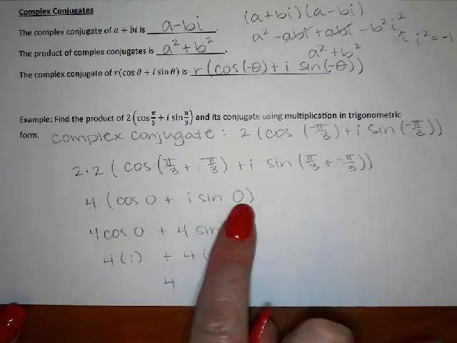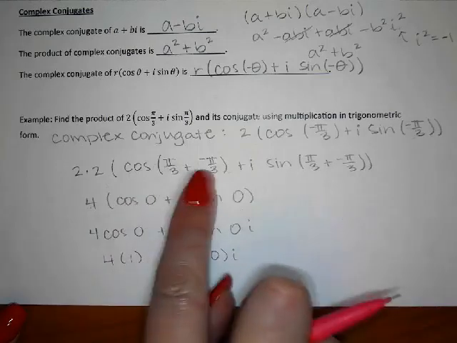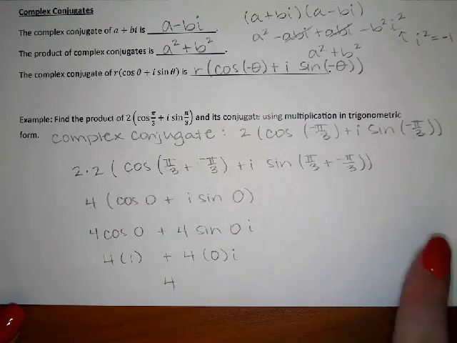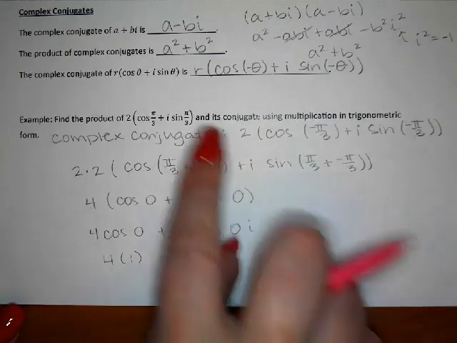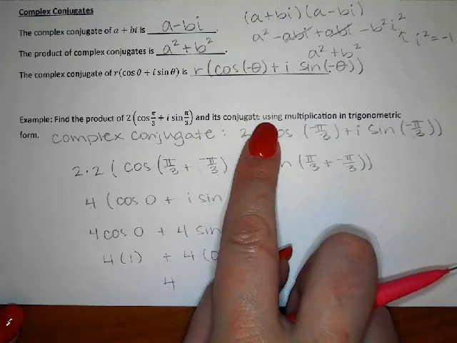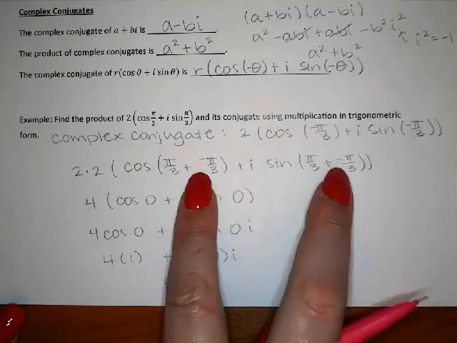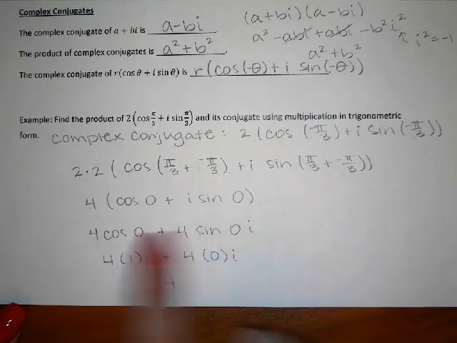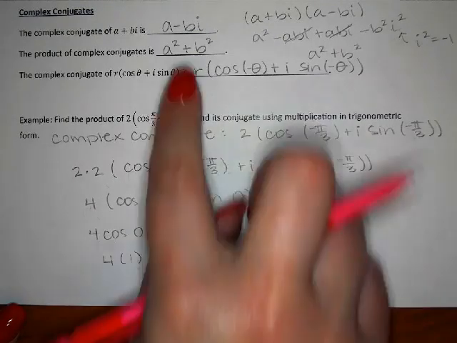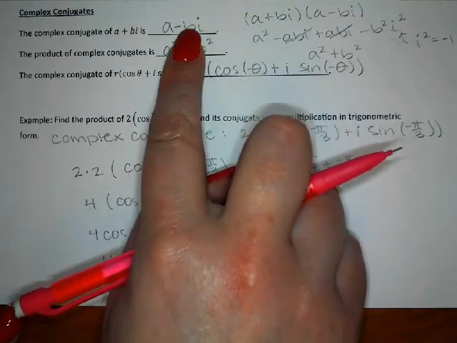This is always going to happen because your angles are always going to become 0 when you multiply a number in its complex conjugate in the trig form. Those angles are always going to cancel out, and we're always just going to end up with this number in the front here.